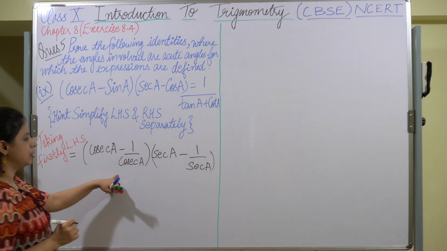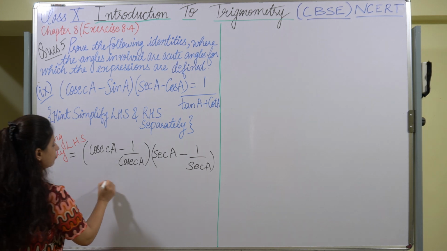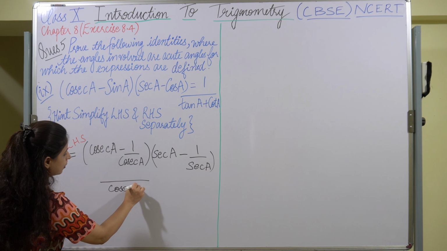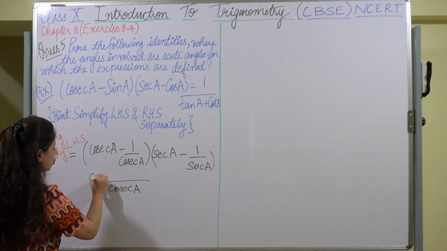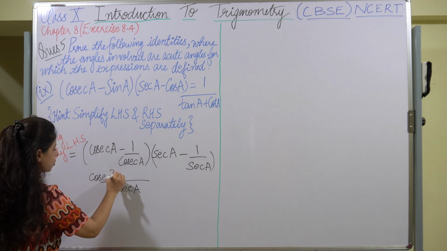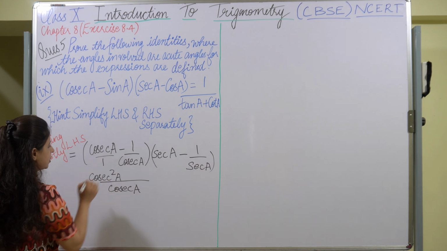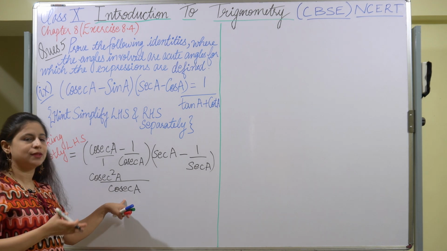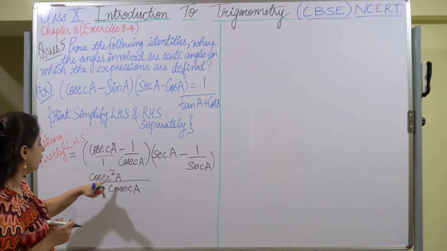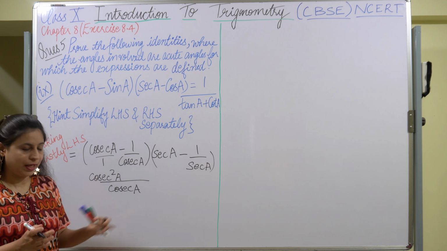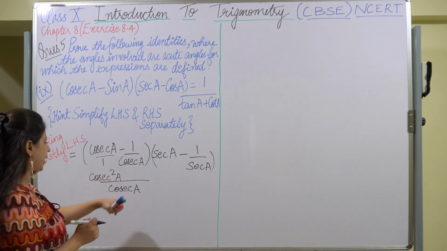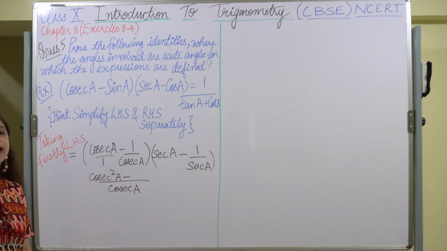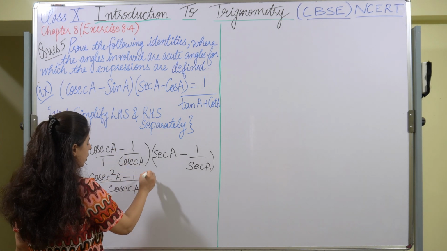Now taking the LCM, let us take the LCM of cosec A. Here I get cosec square A, because here it is 1. So cosec A into cosec A will give me cosec square A, then minus 1 into 1 gives me 1.